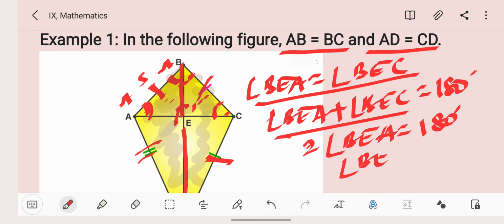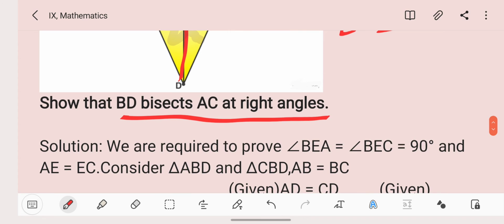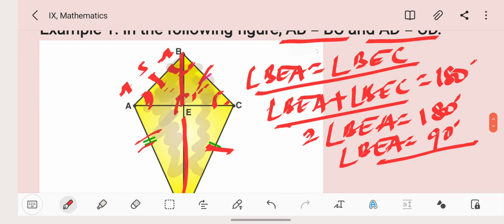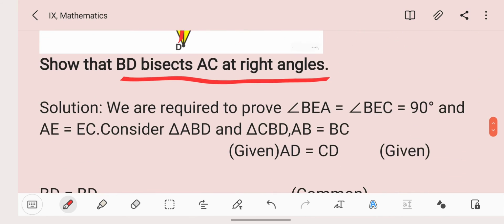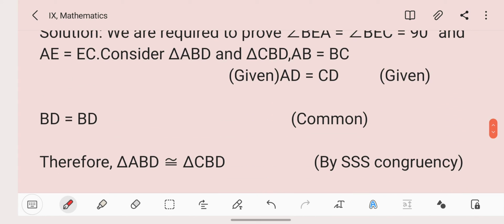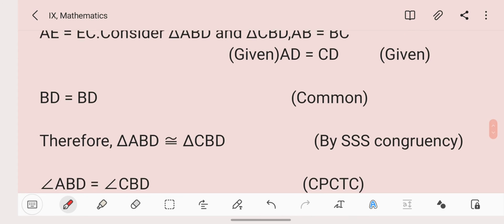Angle BEA is equal to 90 degrees. So hence it is proved that it bisects at 90 degrees. Also AE is equal to EC from CPCT from the same triangles. So this is the step-by-step proof for you all students.